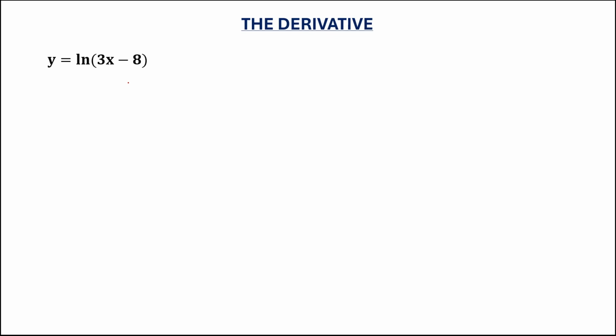Then for this given, to find the derivative, take note that the derivative of ln u is equal to the derivative of u over u. From this given, u equals 3x minus 8.